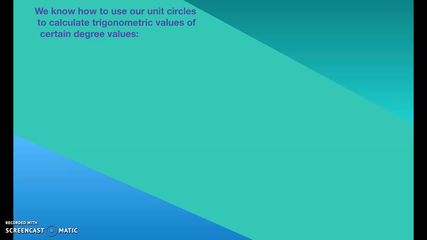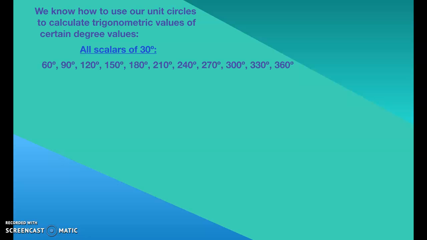Okay, so this lesson is dealing with sine, cosine, and tangent of values that we don't have on the unit circle, but we're expected to know them without a calculator. So let's take a look at our unit circle, the trigonometric values that we do know. We know 30 degrees and all the scalars of 30 degrees.